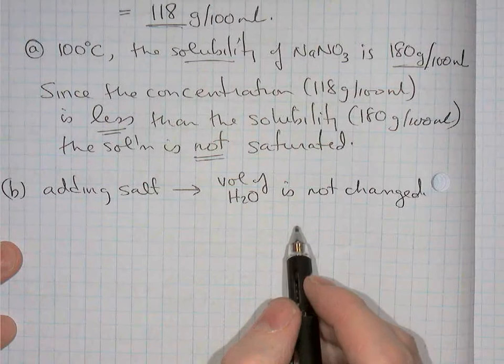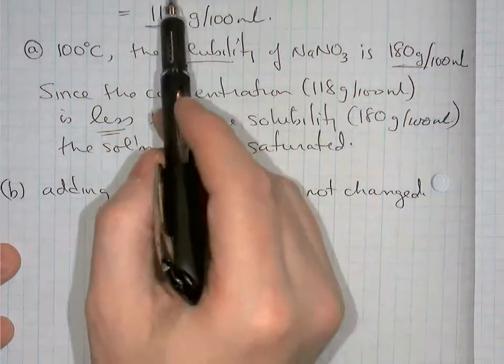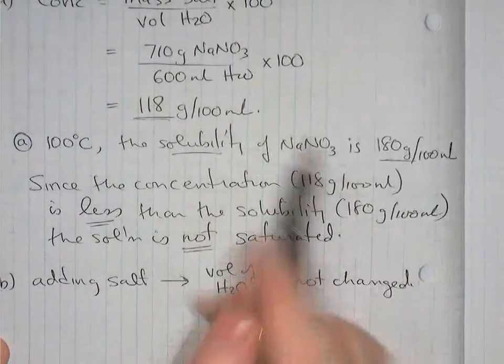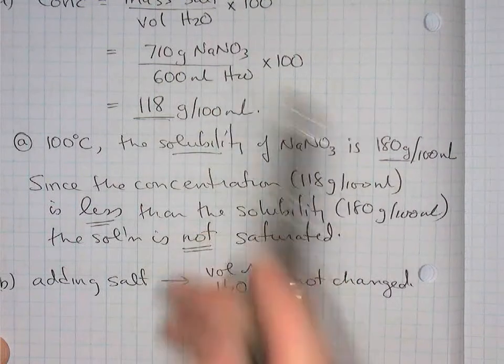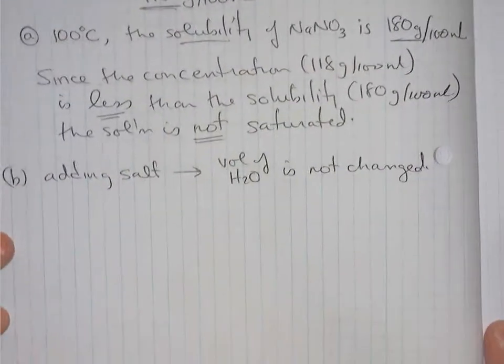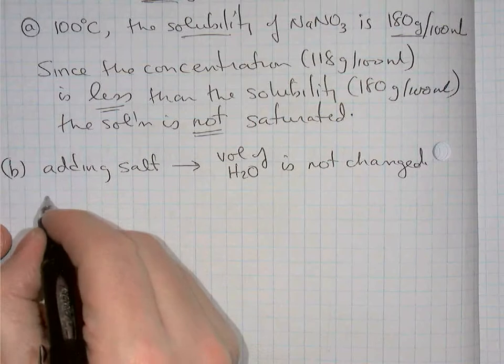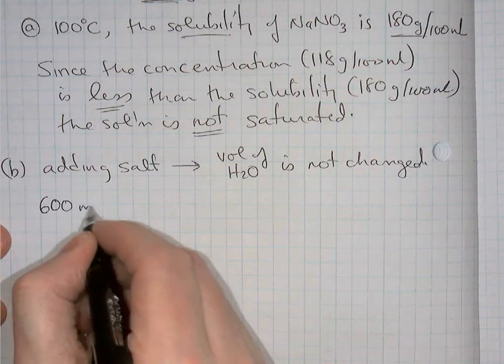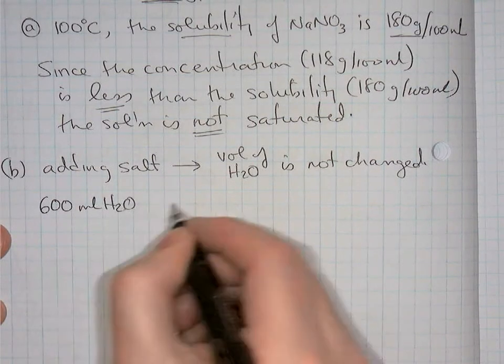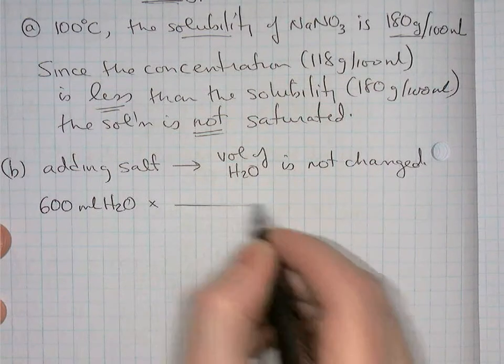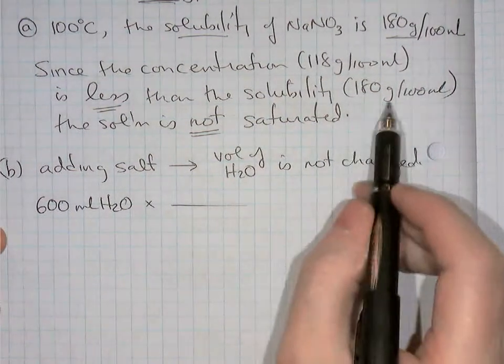The reason I want to note that is because now I'm going to take the volume of water that was used, 600 milliliters, and use that as the starting point in a unit multiplier. So 600 mils of water, and I'm going to use the solubility that we just saw, 180.